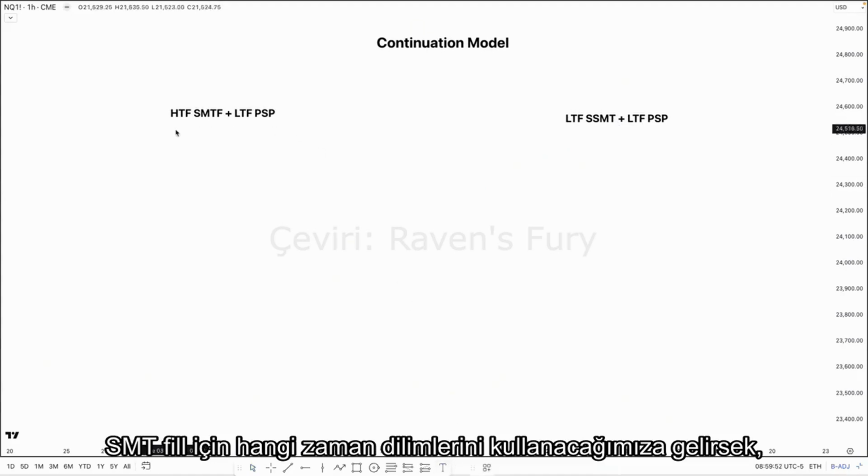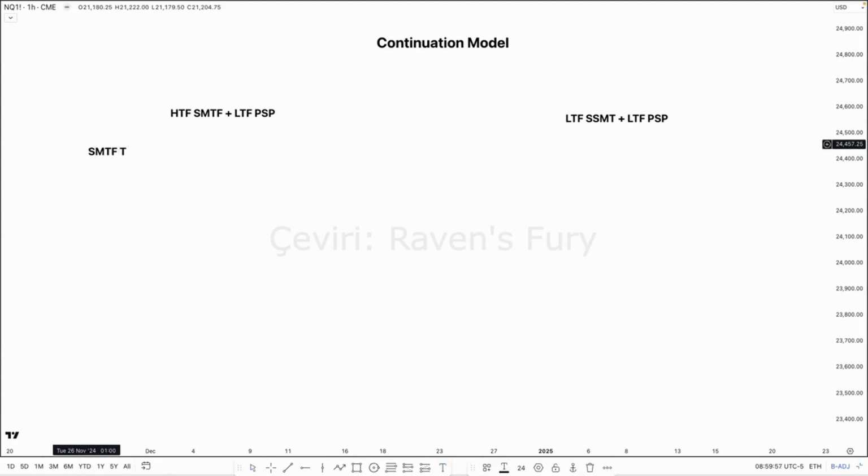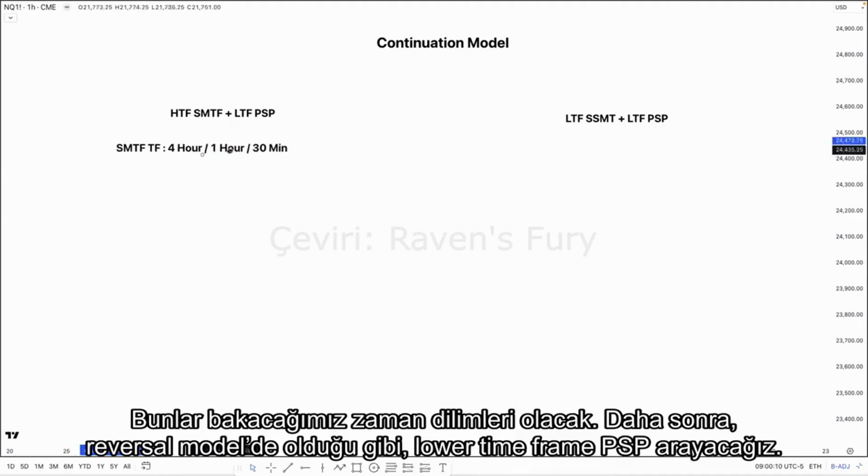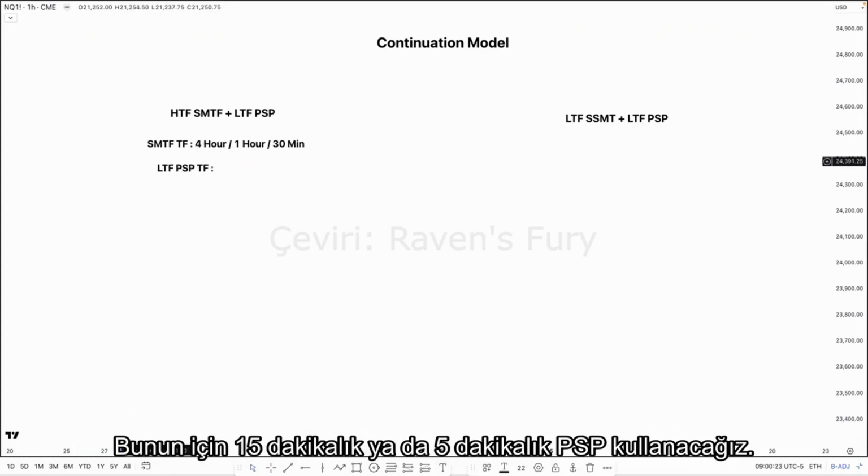In terms of what time frames we'll be using for the SMT fill, we'll be looking for a 4 hour, 1 hour, or a 30-minute SMT fill. Okay, these are the time frames that we'll be looking for. And then we know that the lower time frame precision swing point, similar to the reversal model, we'll be looking for a 15-minute or a 5-minute precision swing point.